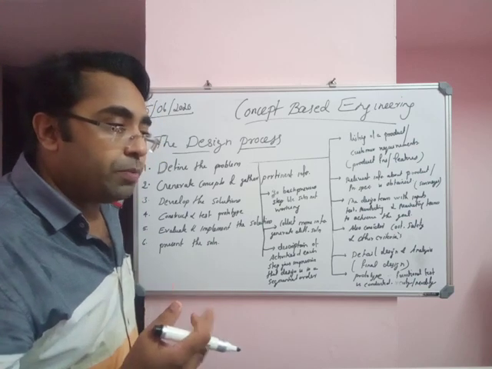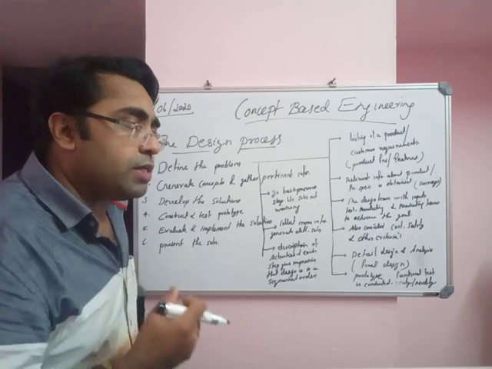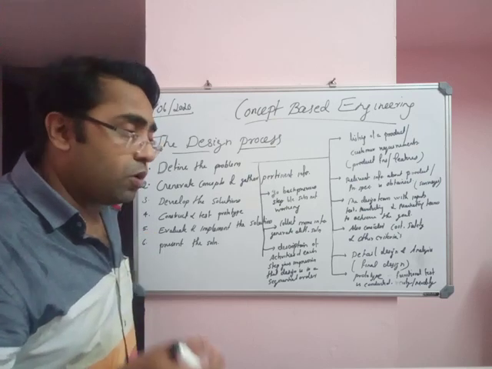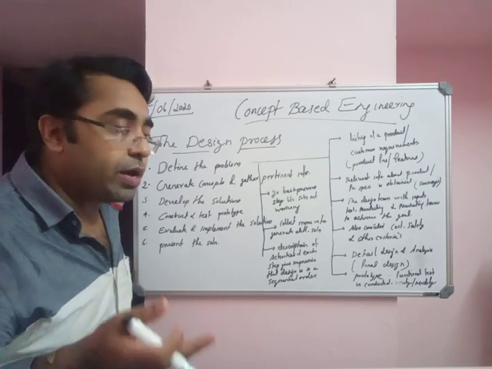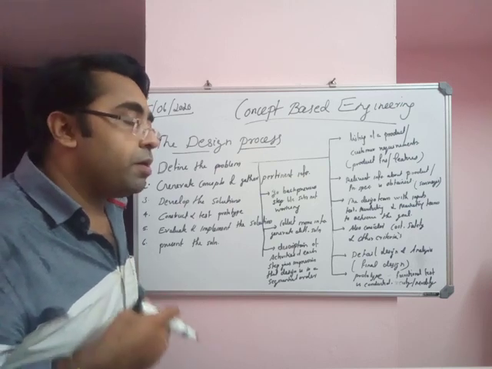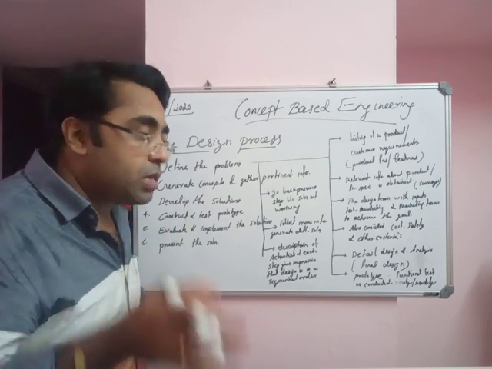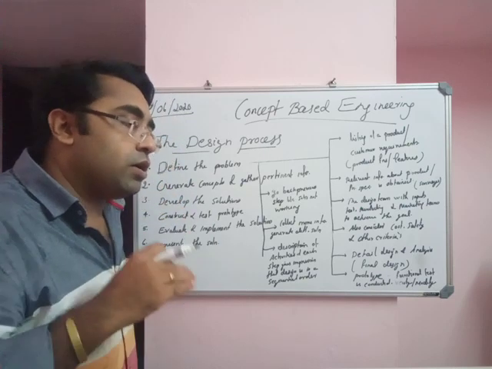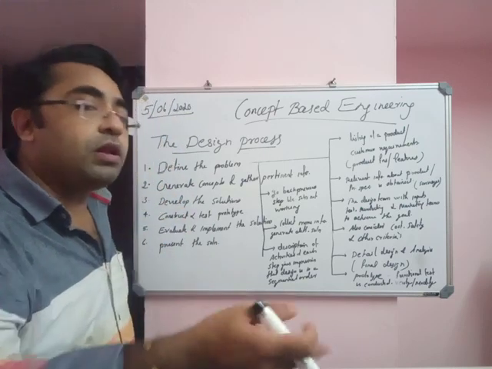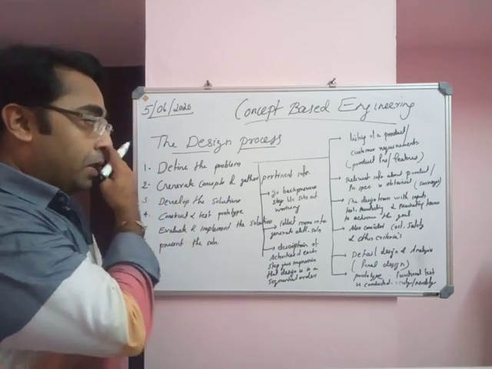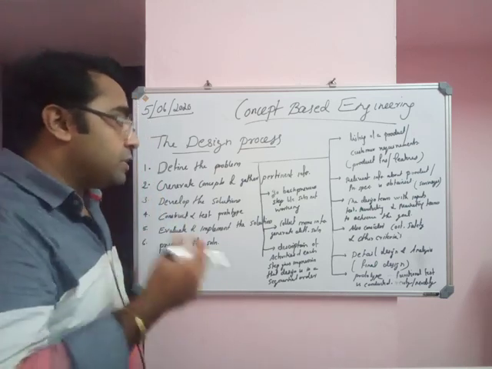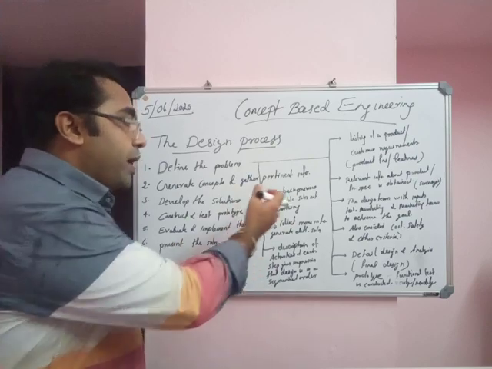Then suppose they verify whether these functions are available in the product and all the functions are ready, then there is no problem, actually. Okay, it's all satisfied, then they will move to bulk manufacturing. But suppose there are some problems, then they will try to modify it, and go back to the previous step.